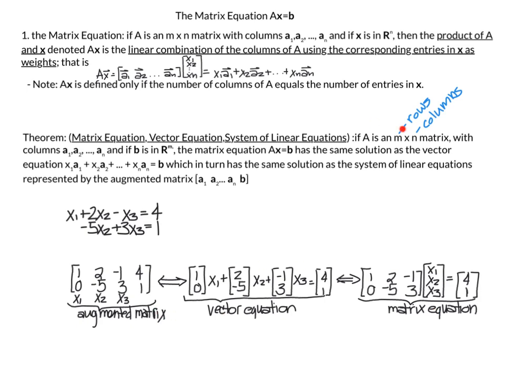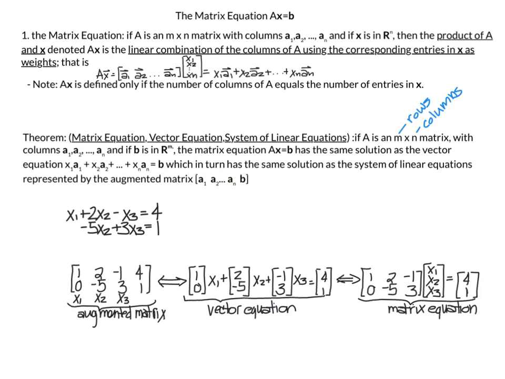If A is an m by n matrix, that's m rows, n columns, with column vectors a1, a2, up to an, and if b is in Rm, the matrix equation Ax equals b has the same solution as the vector equation x1a1 plus x2a2 up to xnan equals b, which in turn has the same solution as the system of linear equations represented by the augmented matrix [a1, a2, up to an, b].